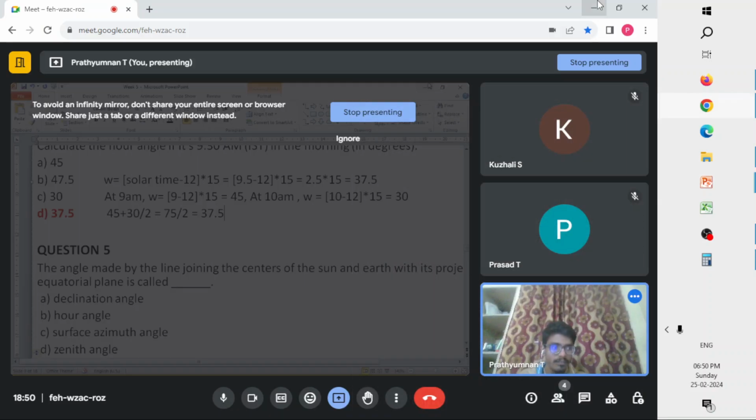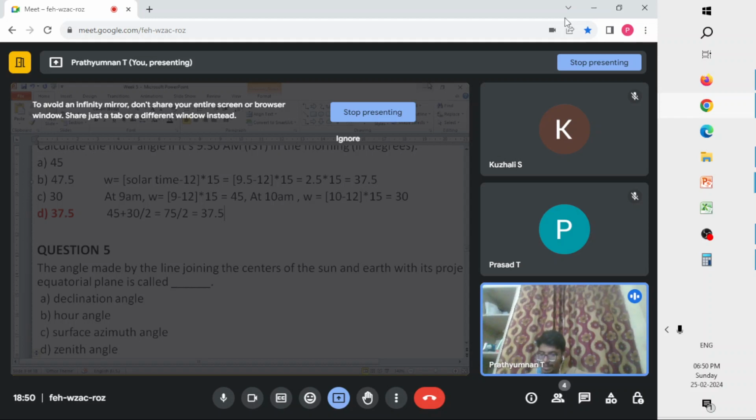If you take this as your solar collector system, the normal to this collector will be in this direction. If you take a projection of this normal on the horizontal surface, it will be somewhat like this.